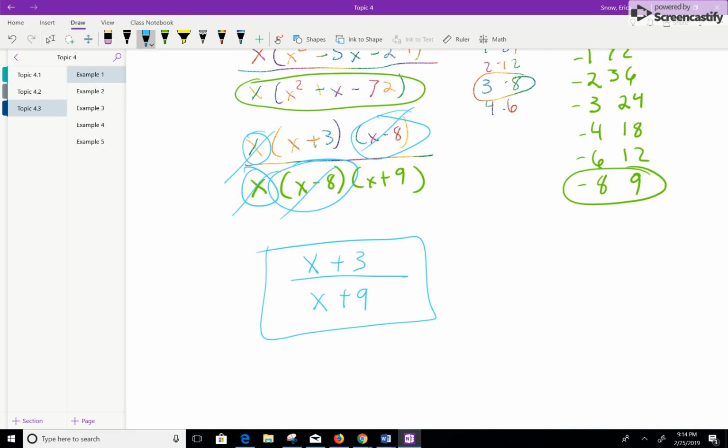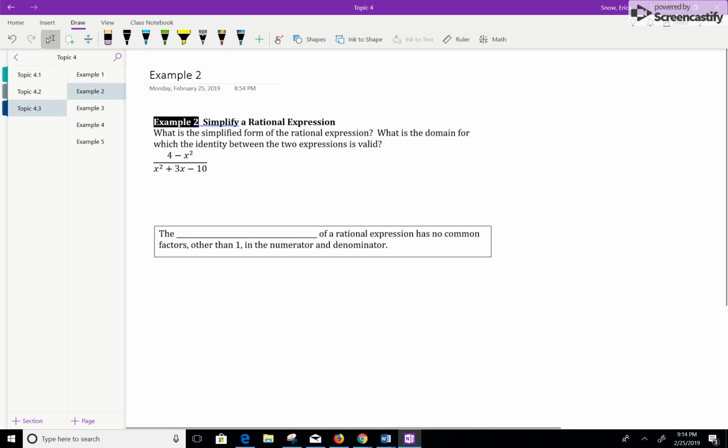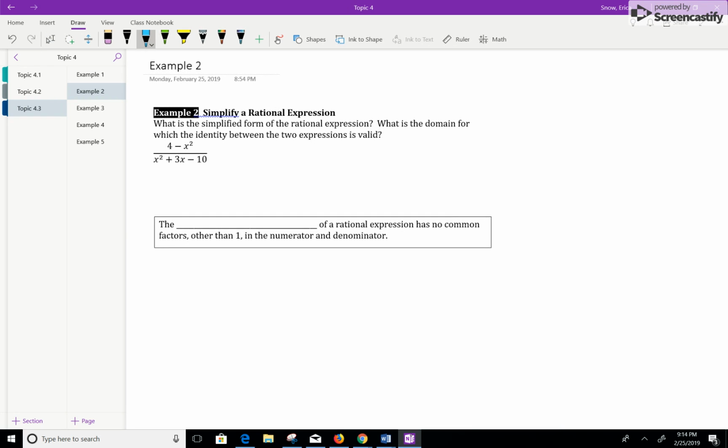So there is our simplified expression, and that's what's going to go in that box at the bottom of your page. That means that there's no common factors other than 1 in the numerator and denominator.